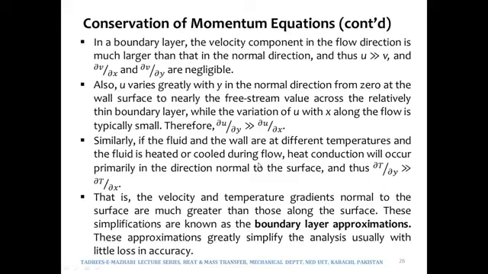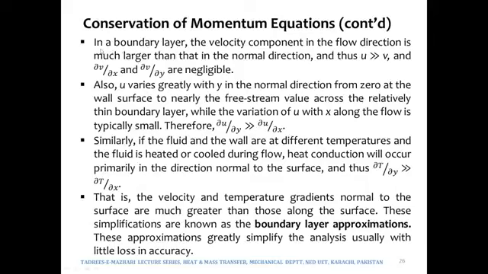Now we are going to consider three very easy but in fact very important points, and those points are called boundary layer approximations. So in boundary layer approximation, these are a few points that we would be discussing.